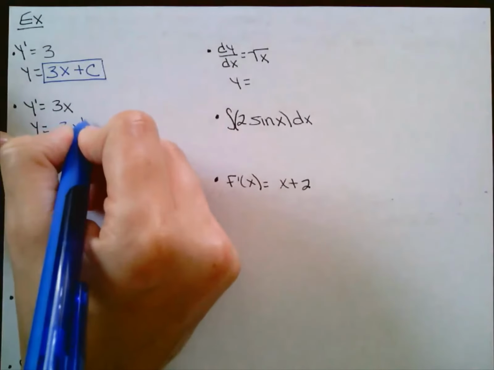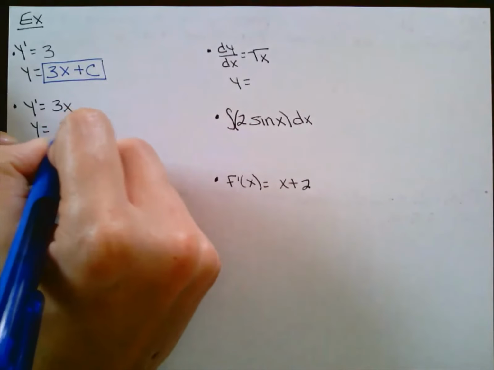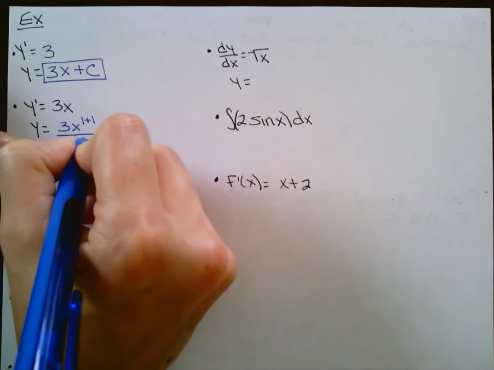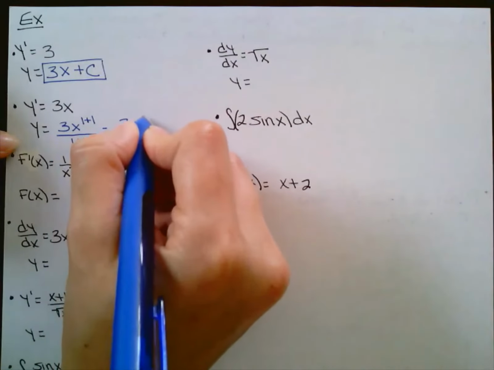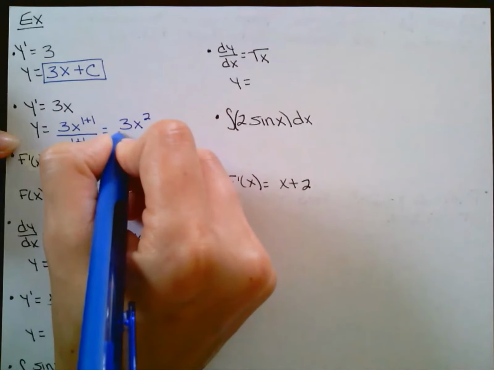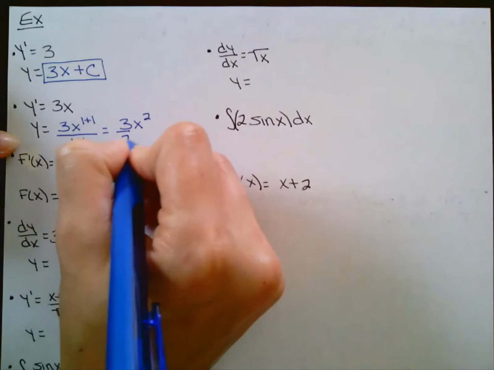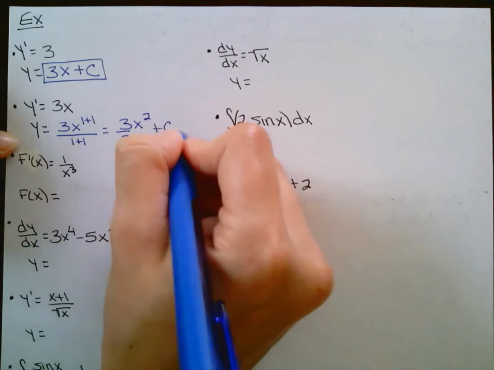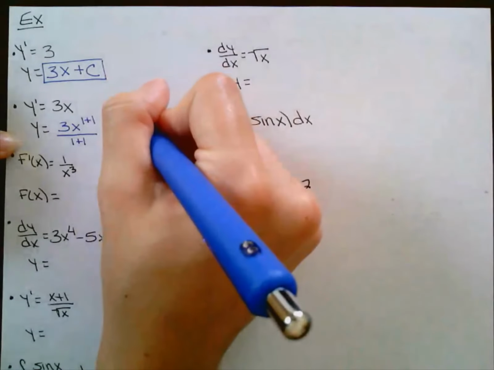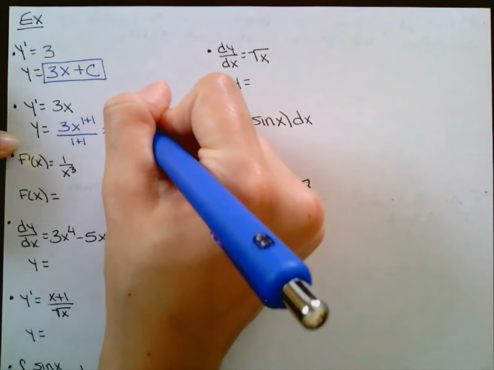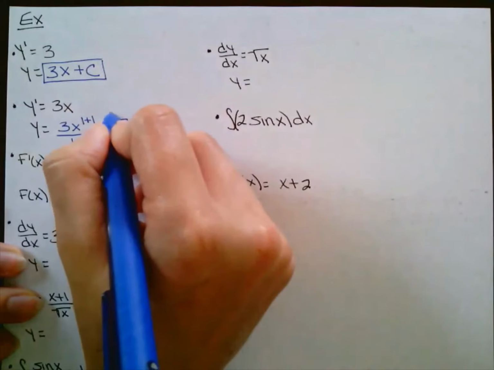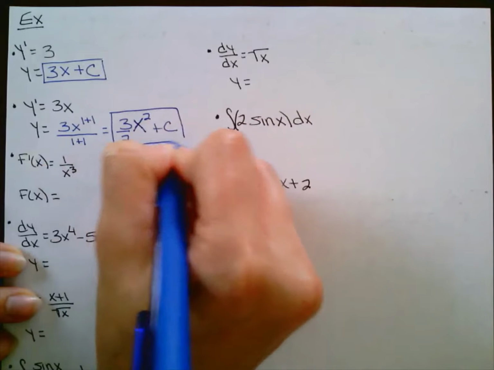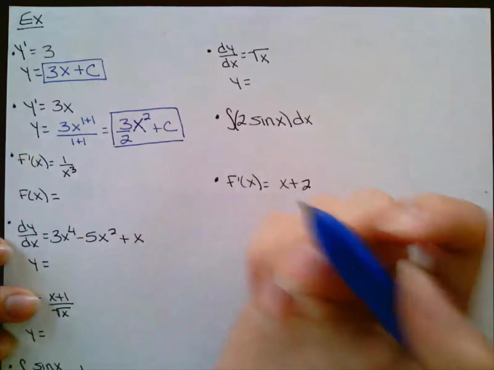The reverse power rule says to add 1 and divide by that new exponent. So I have 3x squared divided by 2 plus c. And you can put your x a little bigger so it's that 3 over 2 is being multiplied. I promise you, after seeing these for a while, you're going to get a lot faster. You're not going to feel the need to take all these steps.